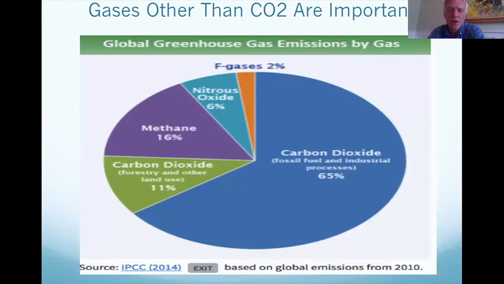Carbon dioxide from fossil fuel is 65%, but carbon dioxide is also released by forestry and land use, where we cut down trees and so on. Methane is a big player at 16%, then nitrous oxide. And then we get into other gases. They're called F gases here because they're fluorocarbons typically that are the biggest contribution there, right?